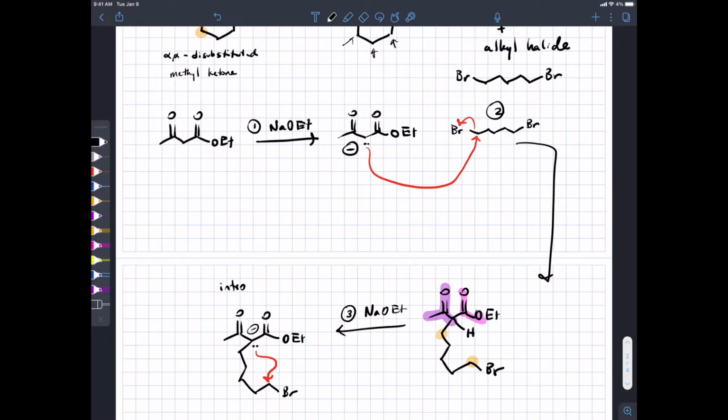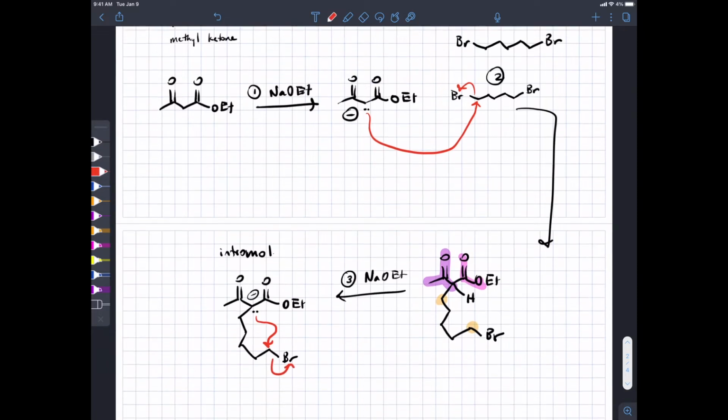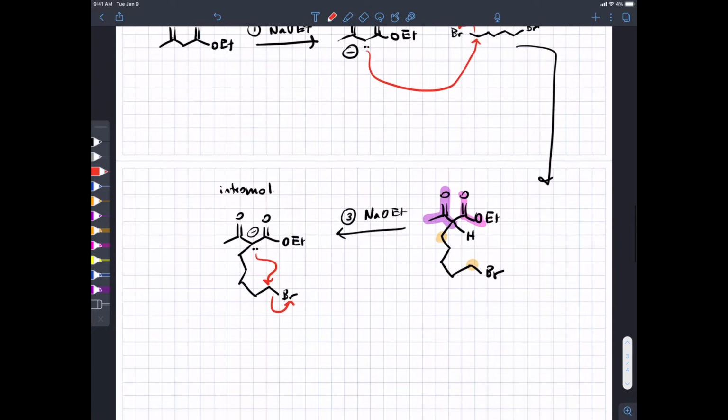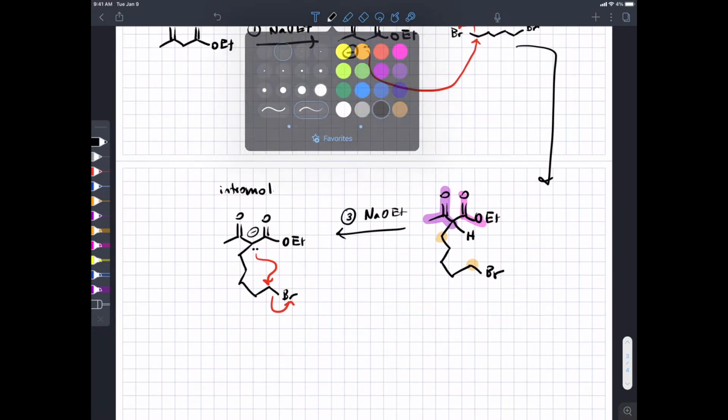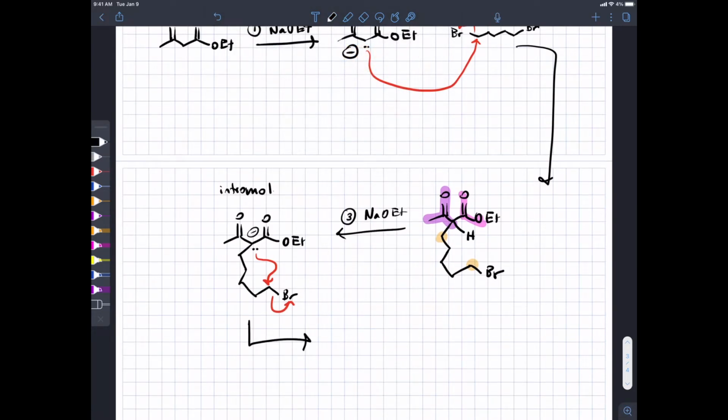The reason intramolecular reactions are fast is that the two reactive partners, nucleophile and electrophile, are, by virtue of being in the same molecule, already close together. They don't have to swim around to find each other. And that makes the desired beta-keto ester.